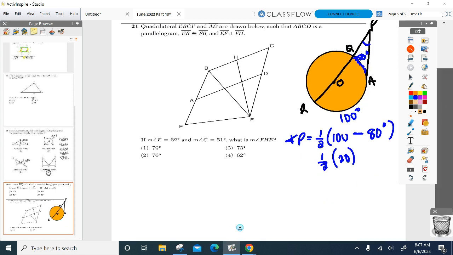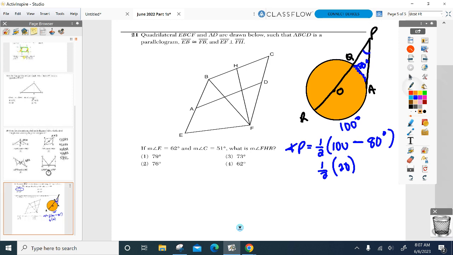Go ahead, let's fill in everything. Let's read the directions carefully here. EB is congruent to FB. EF is perpendicular to FH, so we can put a little something there, right? EF and FH. And that's about it.